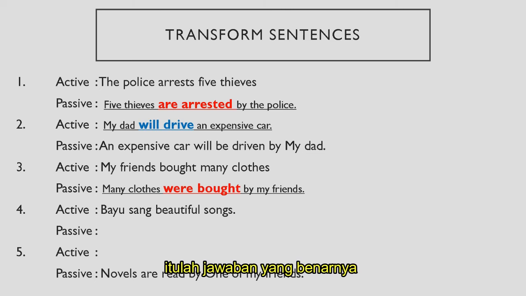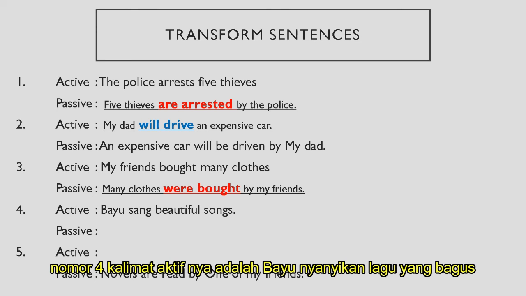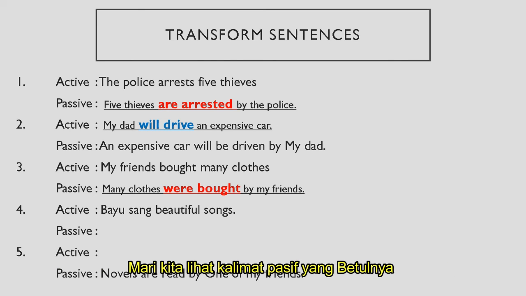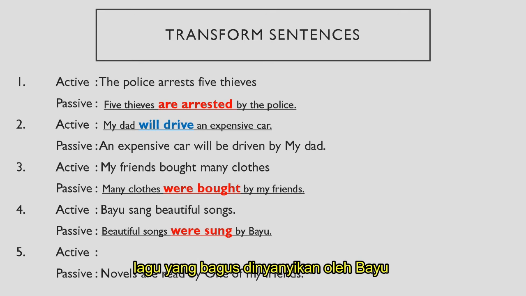That's the correct answer. Next number, we have active form here. So you have to do the passive form, right? We have the active form is Bayu sang beautiful songs. Let's take a look at the correct answer with passive form. Beautiful songs were sung by Bayu.